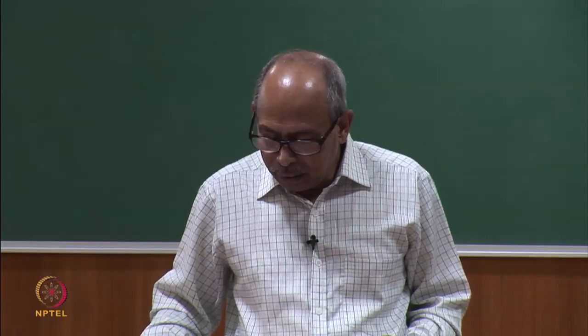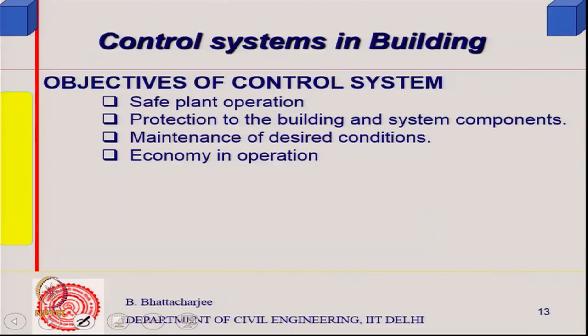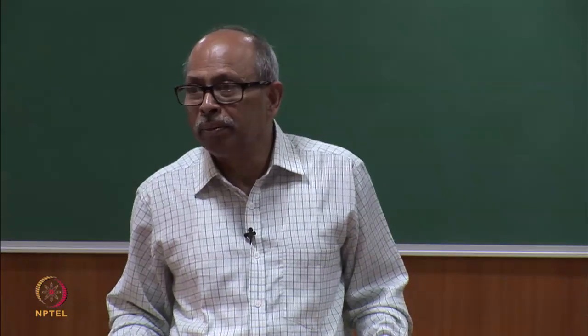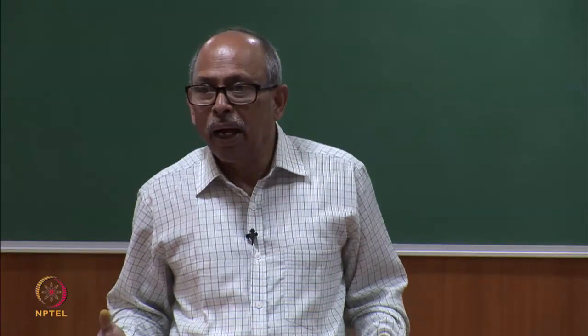So, the objectives of a control system are safe plant operation, protection of the building and system components completely, maintenance of desired condition and economy of operation. Now, you see in earthquake structural systems also you have an active control system against earthquake.